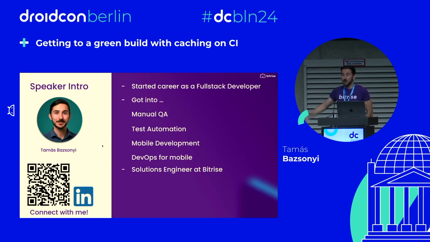So I'm Tamás Bazsonyi, working as part of the solutions engineering team at Bitrise. I initially started my career as a full stack engineer. After that, I moved over to the manual QA side of things. After that, I did quite a lot of test automation, both on the Android, iOS, and also on the web side of things. After that, I started working in mobile development, working both with Android and iOS applications.